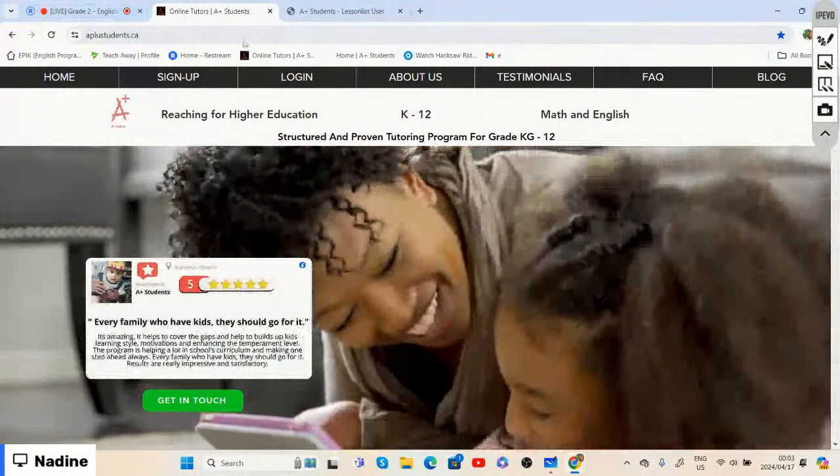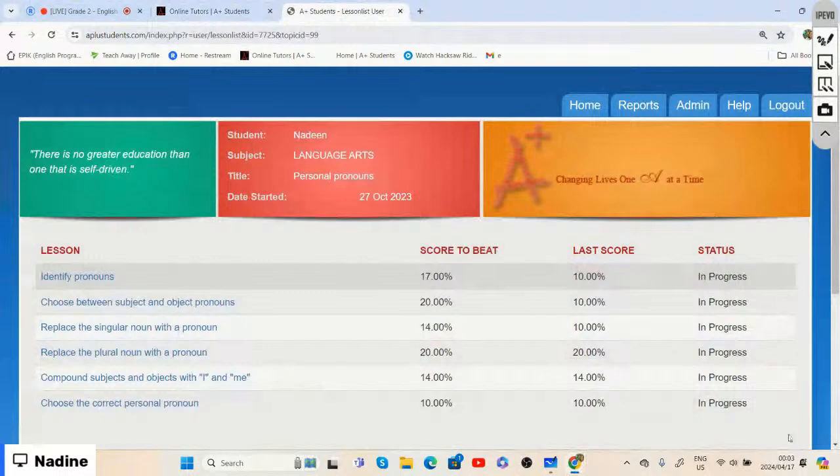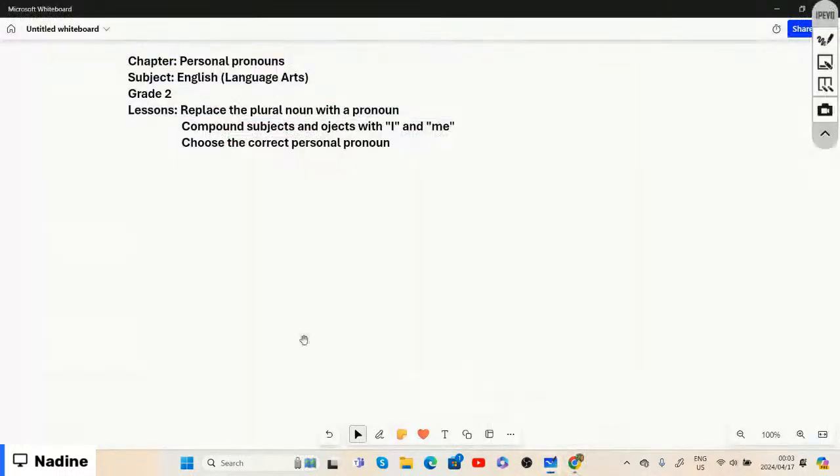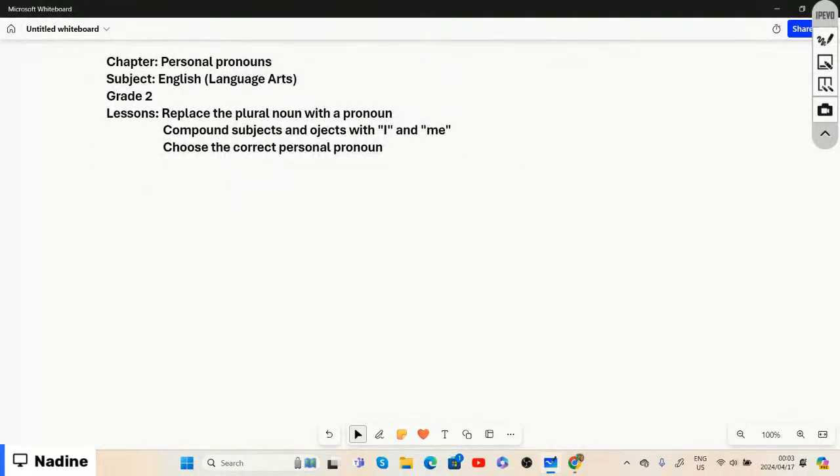So we're doing personal pronouns, right? Our chapter is personal pronouns. Our subject is English, which is language arts, grade 2.